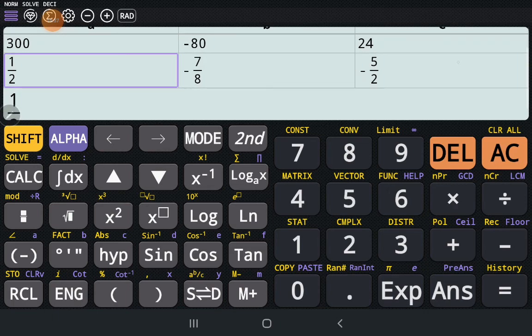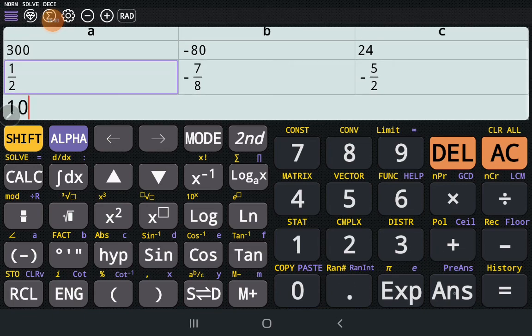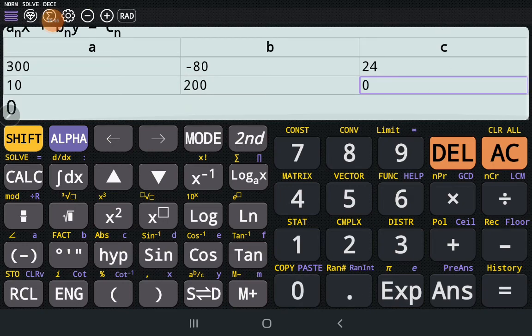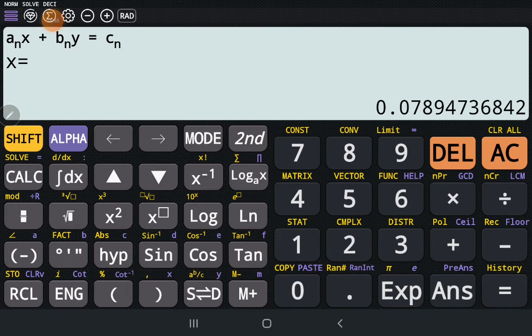Okay, and then we have 10 equals 200 equals 0. Real quick, so we have our current which is equal to 0.0789 ampere, that is for your I1. And then your I2 is equal to negative 0.003947 ampere, or 3.947 milliampere. That is for your I2.